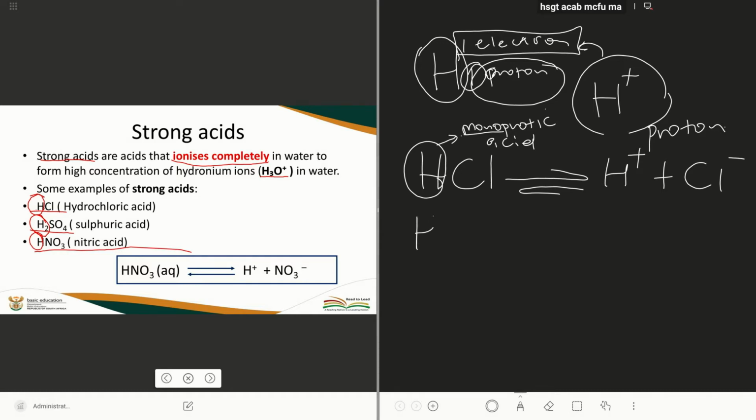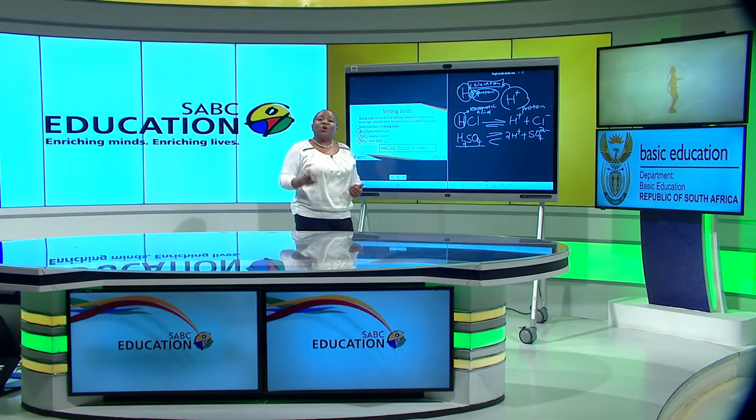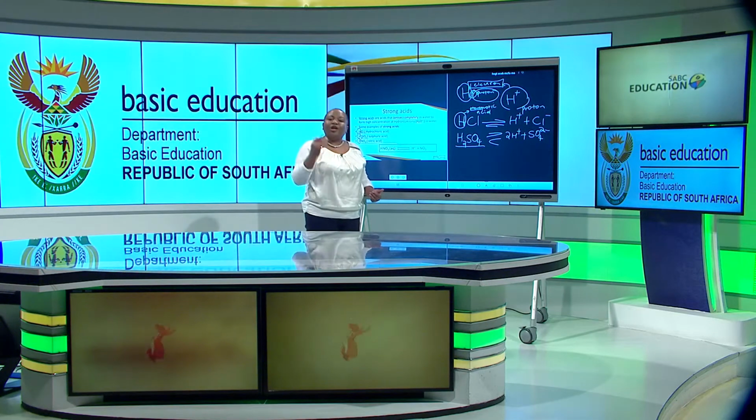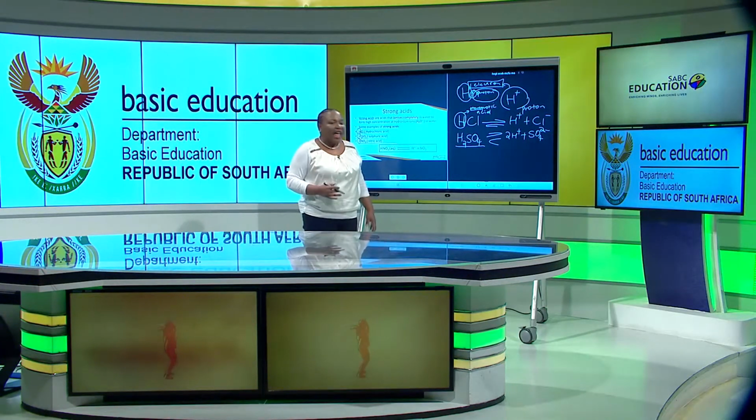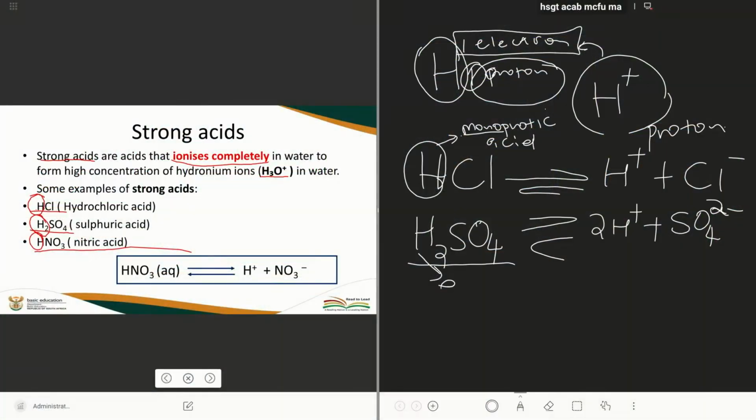Now, when you look at sulfuric acid, it's H2SO4, whereby when it dissociates, it's going to be 2H+ plus SO4 2-. Sulfuric acid has the potential to donate 2 protons because it definitely has 2 hydrogen atoms in its compound. Therefore, it can be referred to as a diprotic acid.